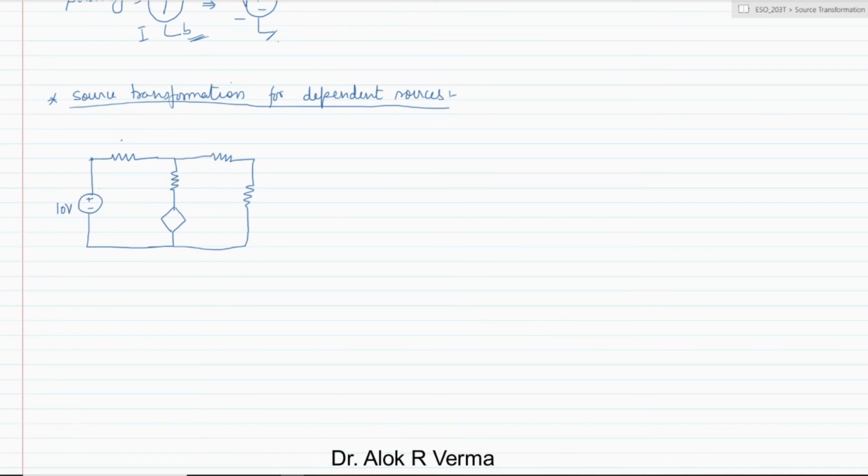This is the 5 ohm resistor, and assume this as a 4 ohm, and you can have an 8 ohm resistor here and 6 ohm, and this is the dependent voltage source whose magnitude is 24I, and I is the current which is flowing in this resistor. So this is I.